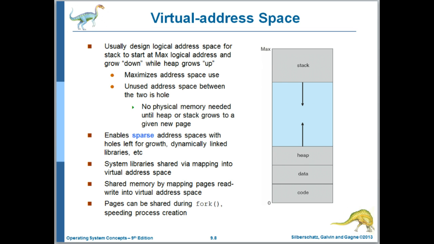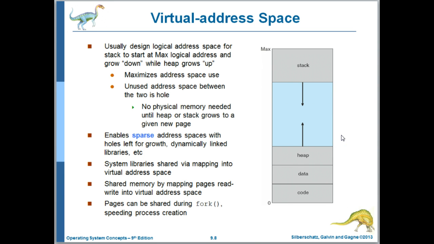Let's take a look at the traditional address space with its 4 segments: code, static data, heap for dynamic data, and the execution stack, and they're usually allocated this way. If you're not using virtual memory, then all of this unallocated or unused storage has to be allocated, and frames found for it.